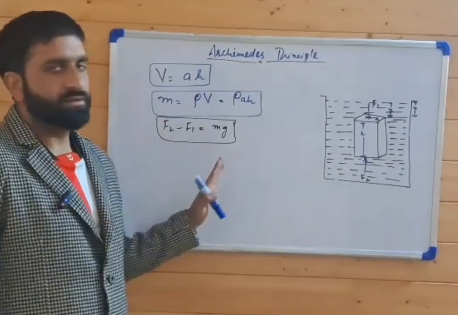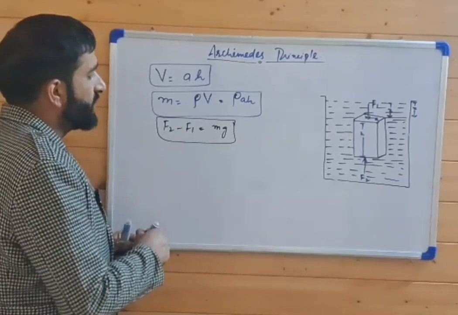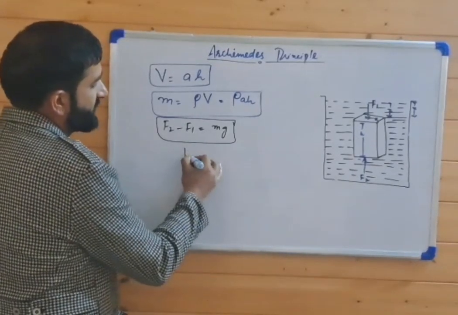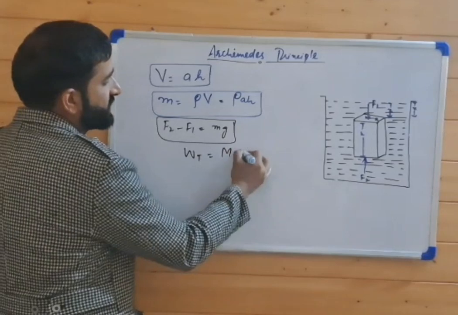This is the loss of weight of the body, equal to mg, if the true weight of the body is equal to M into g.